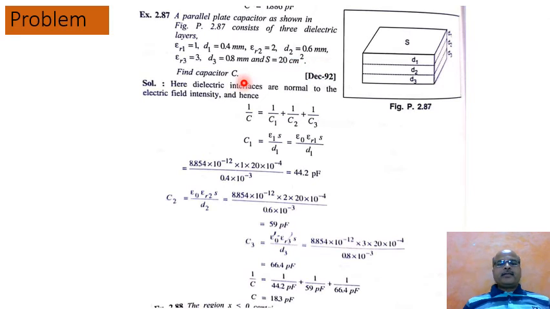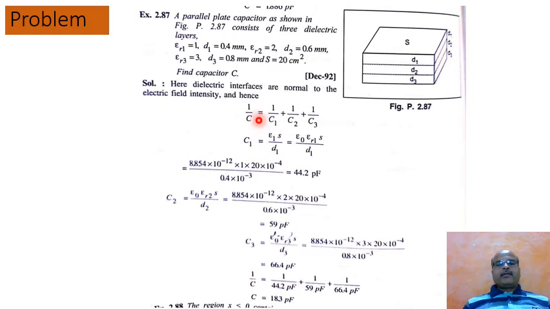Find the capacitance C. Here, the dielectric interfaces are normal to the electric intensity, and hence we have the formula 1 upon C is equal to 1 upon C1 plus 1 upon C2 plus 1 upon C3. So find the values of C1, C2, C3, then put the values in this equation, and we will get the capacitance.